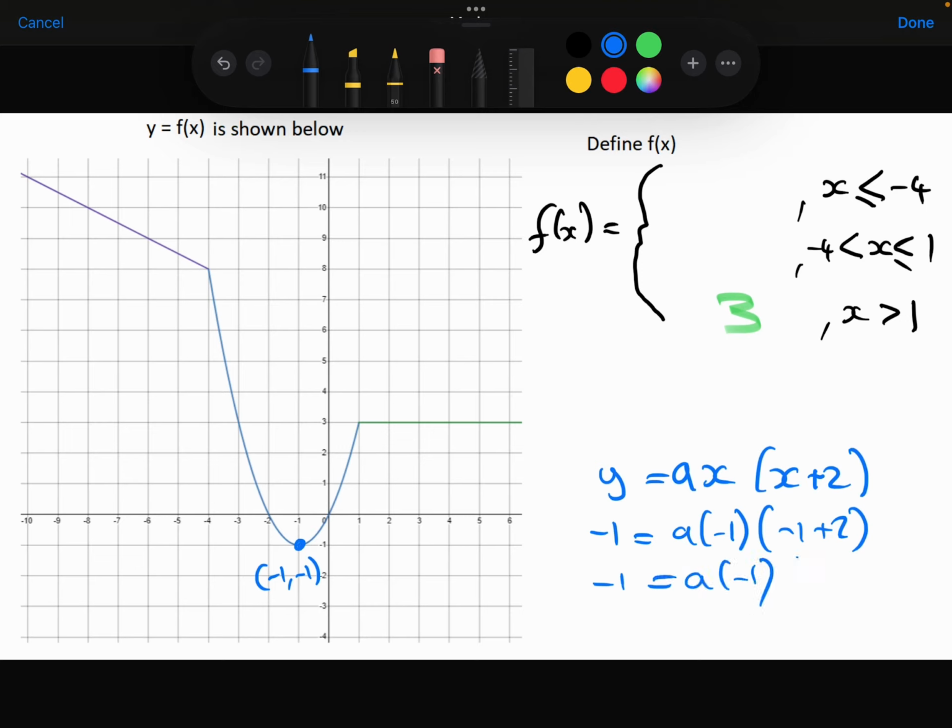The minus 1 plus 2 is 1. The a times minus 1 times 1 is minus a. So a is just 1. So the equation of my quadratic then is just going to be 1 times x times x plus 2.